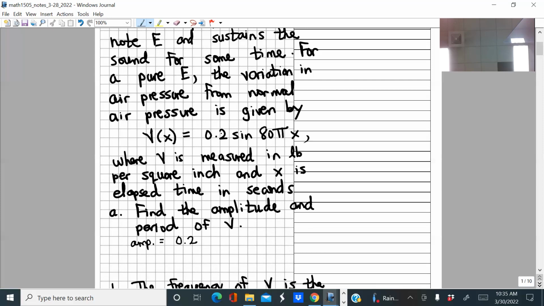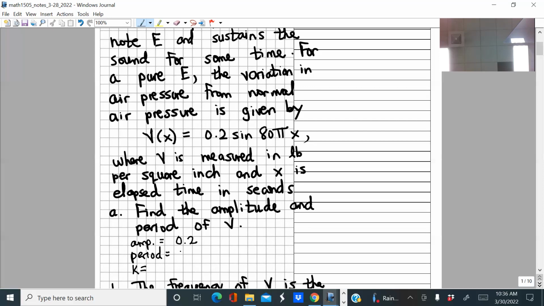And then what's the period here? Remember how we calculate the period. How long does it take this curve to make one full cycle? So what's the K value here? We're going to calculate that in just a moment, Amanda.